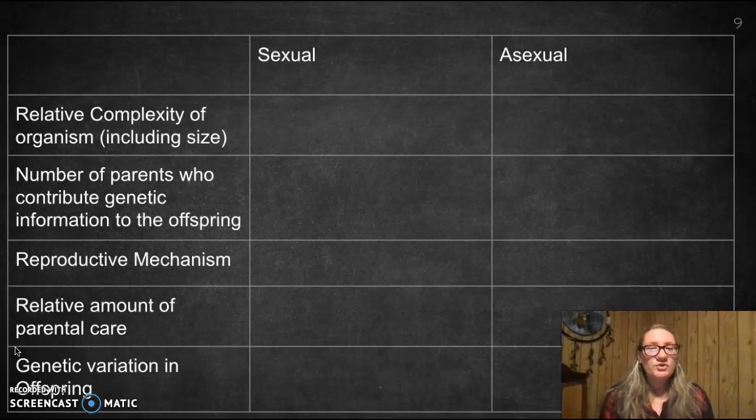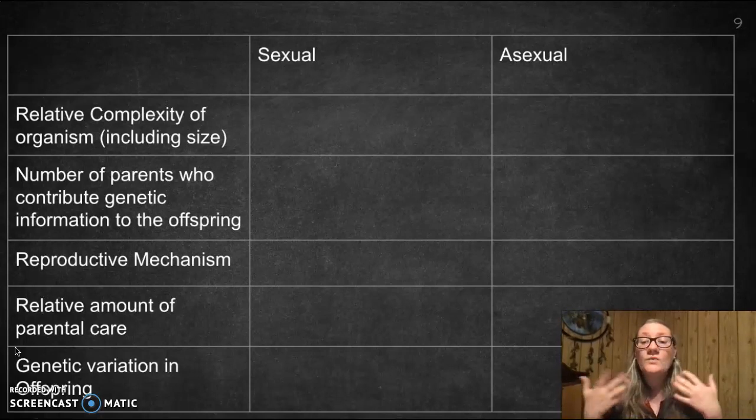You're trying to label five key concepts for each type of reproduction. You want to know the relative complexity of the organism, so how big or small it is, the number of parents, and the reproductive mechanism, so how does this organism or this type of reproduction reproduce?